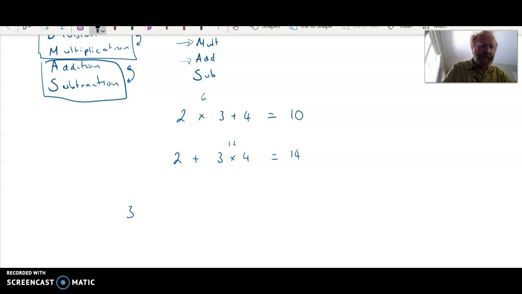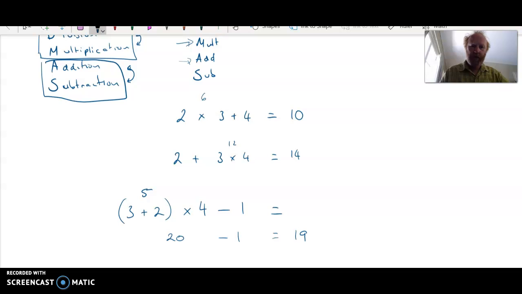So if I have 3 plus 2, and that bit's in brackets, times 4 minus 1. What do I do first? The brackets, the grouping symbols. So that bit's 5. What do I do next? The multiplication. 5 times 4 is 20, so I have 20 minus 1, which is 19.